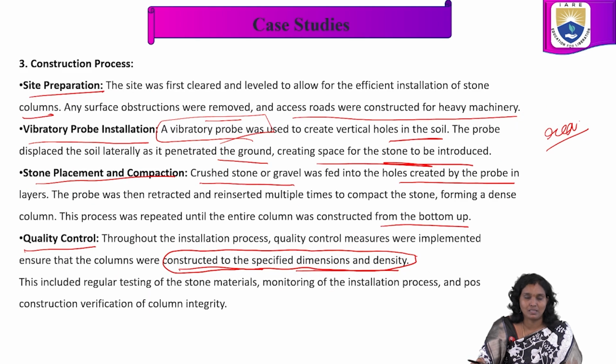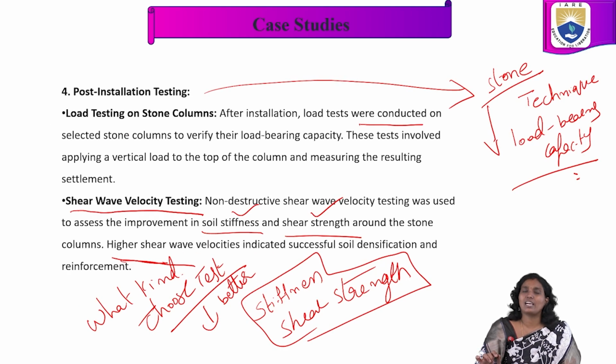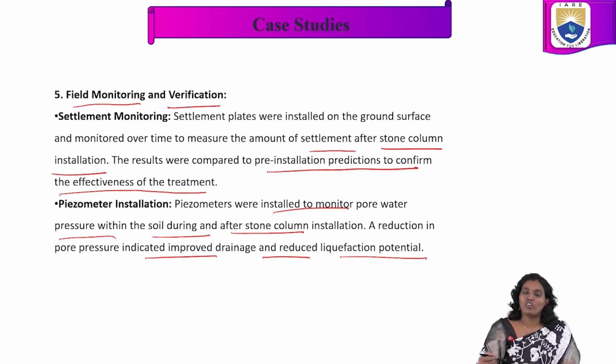We follow a step-by-step procedure. After that, we go to the construction process, and we conduct tests as per the requirement of the chosen technique for the ground improvement process. We conduct the pre and post tests for a better understanding of these things, and then monitoring and verification is done.